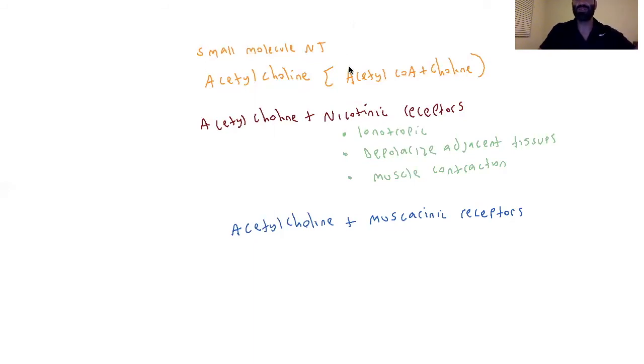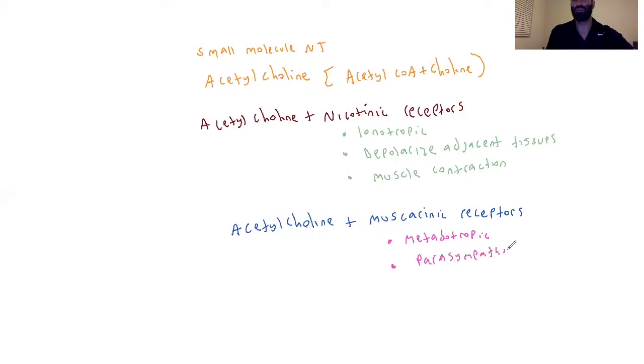Now, this is involved with quite a few parasympathetic processes. It is metabotropic, meaning that depending on the type of receptor isoform it binds to, the effects might be slightly different. And it's also involved with many parasympathetic responses.